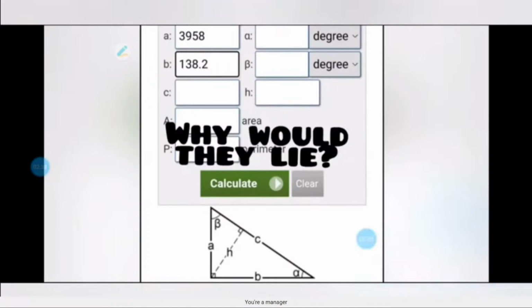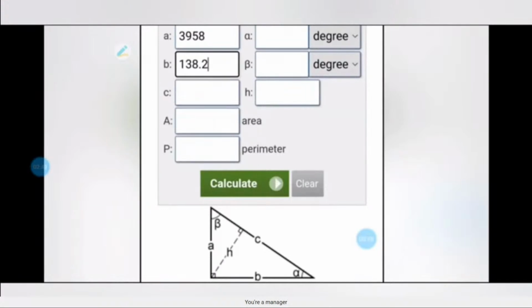So let's check 138.2 miles and see if we get 2 degrees. Let's check it because that's weird. They look like they hijacked the radius to me. So I put in 3958 for our height to Polaris, because that's what we get when we triangulate on a flat plane. And for distance, I put 138.2.